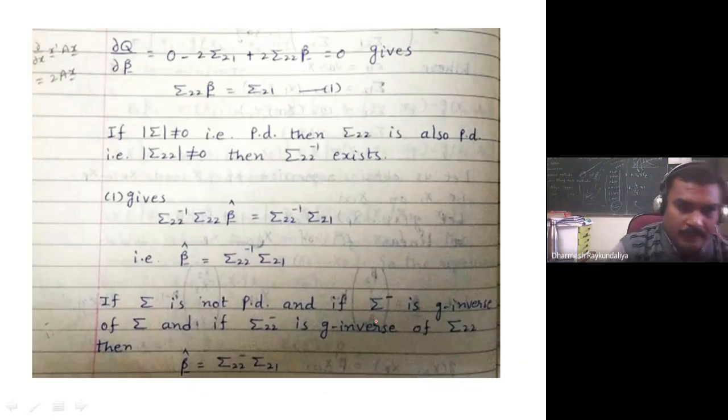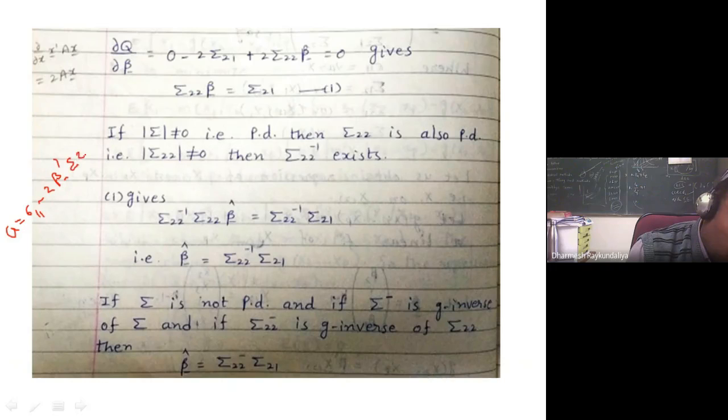So that is what I say here. What is the quantity we have? Anybody remember? What is the form of Q? Q equals sigma 1 1 minus 2 times beta transpose sigma 2 1 plus beta transpose sigma 2 2 beta.